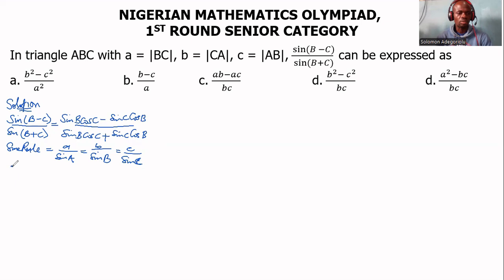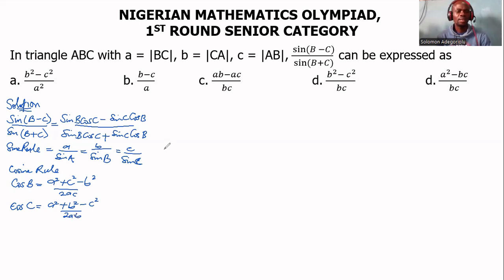So from the cosine rule, let's start with cos B. Cos B is going to give us a squared plus c squared minus b squared over 2ac. Then cos C is going to give us a squared plus b squared minus c squared over 2ab.